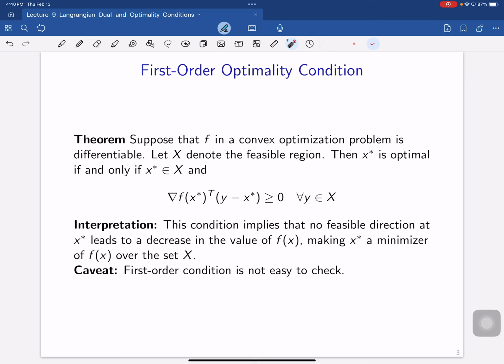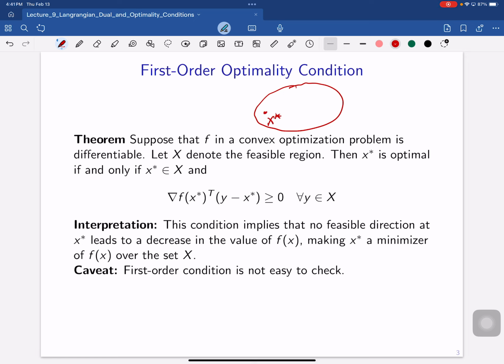So how do we interpret this condition? You can think about this as: at x star, any feasible direction will lead to an increase in the objective value. Say you have a convex set here, and this is a point x star.